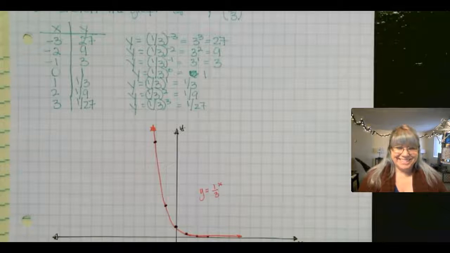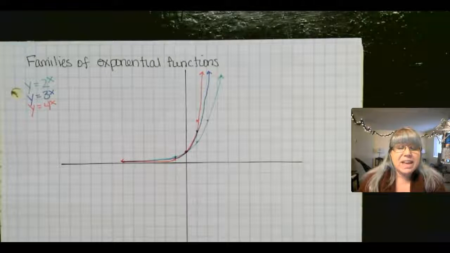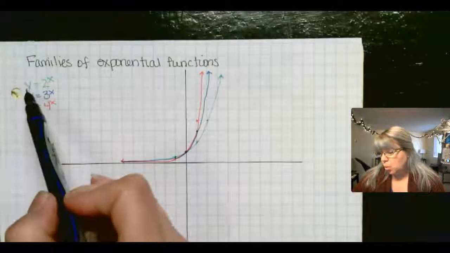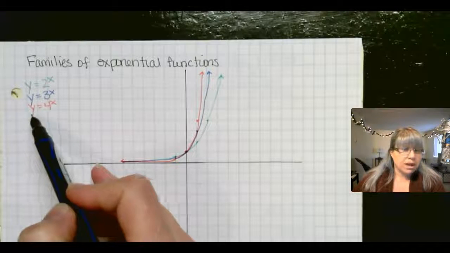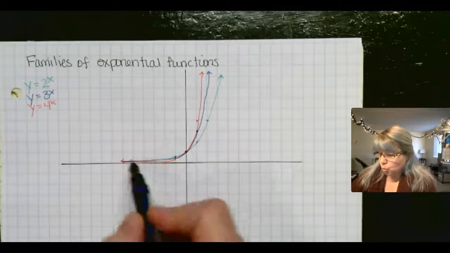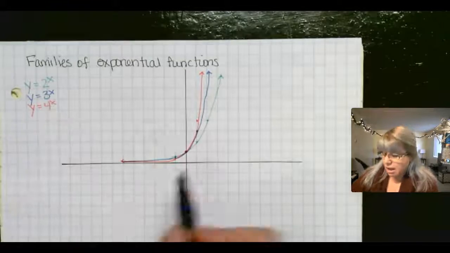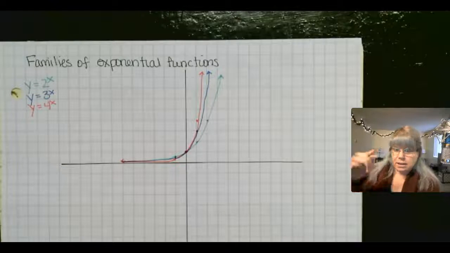All right. So here's kind of a cool thing about exponential functions. We have families of exponential functions. For example, y equals 2^x, y equals 3^x, y equals 4^x. So in essence, the larger the number that I'm raising to the power, the faster my growth is.